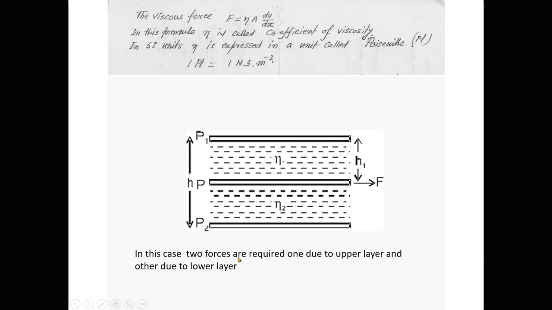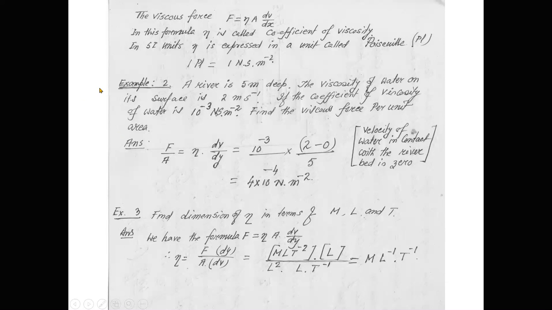In this case, two forces are required, one due to the upper layer and the other due to the lower layer. So this idea should be remembered. Next, same problem. Actually, this is the formula. The viscous force F is equal to eta A dv by dx.